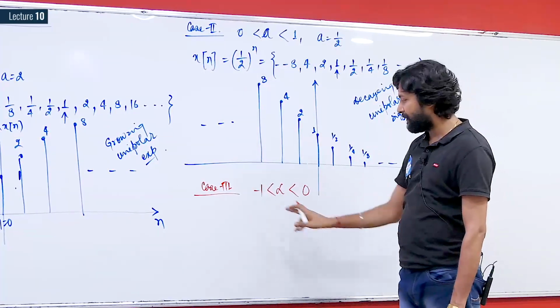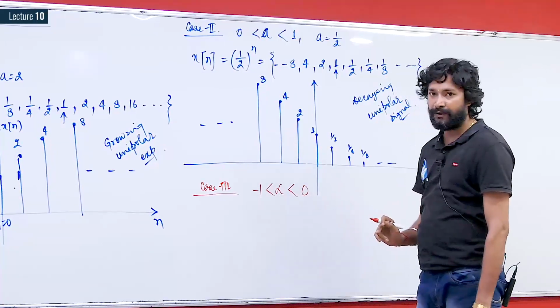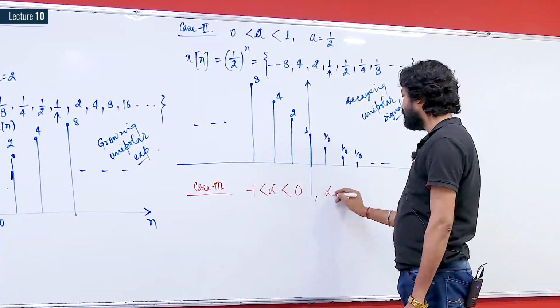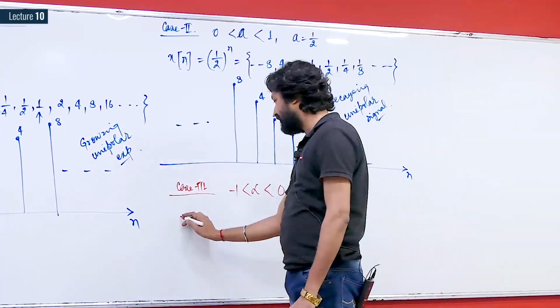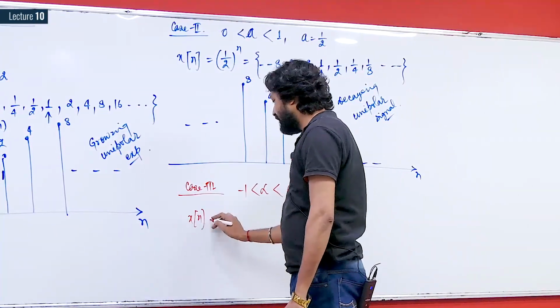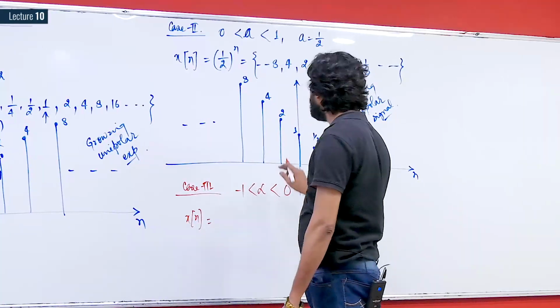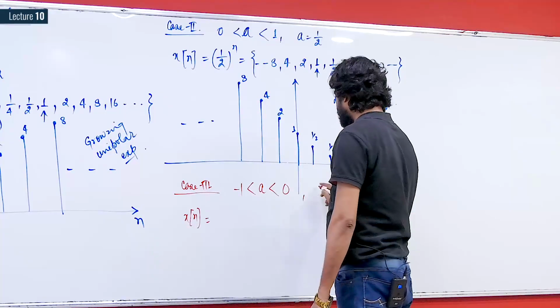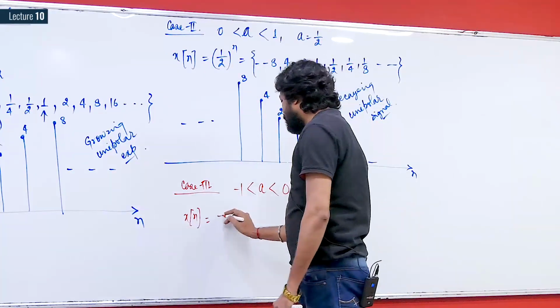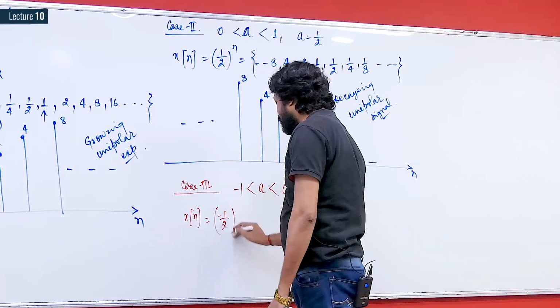Now we are taking values of alpha from minus 1 to 0, say alpha equal to minus 1 by 2. Now you can see the effect: x of n is again a to the power n, so with a equal to minus 1 by 2, the signal will be minus 1 by 2 to the power n.